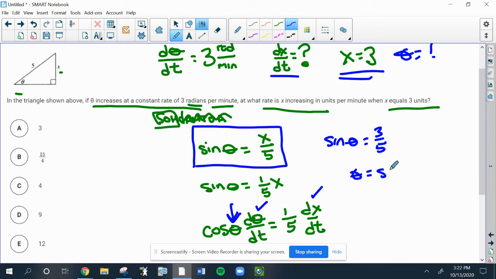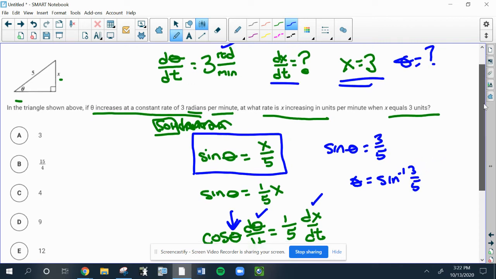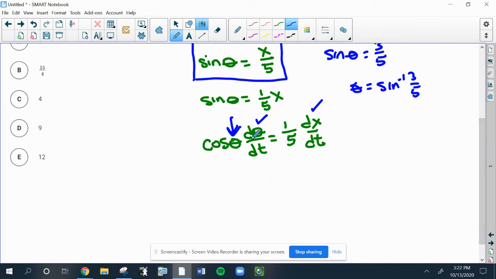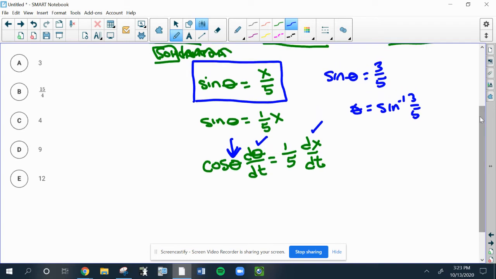So if you remember, you have to inverse sine both sides. Now, there is a way to do this without a calculator. You can plug in the inverse sine of 3/5 in here. You did that in trig last year. You may or may not remember. If you have time and you remind me, I'll show you how to do that. But right now, I'm going to do it with a calculator.